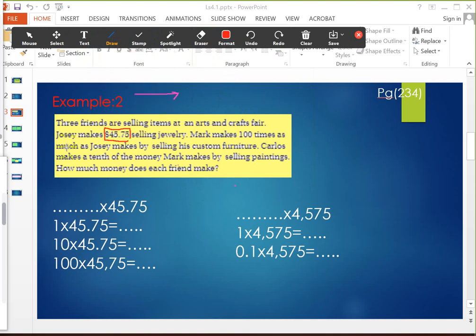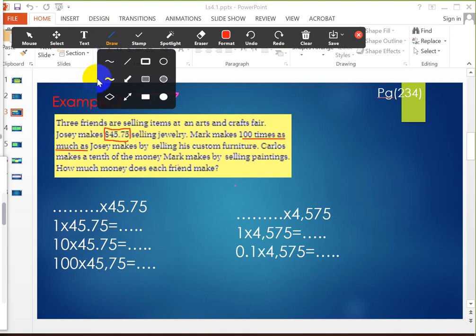So Juicy makes this amount of money, and Mark makes 100 times as much as. I told you that means you have to multiply this amount of money by 100, right?